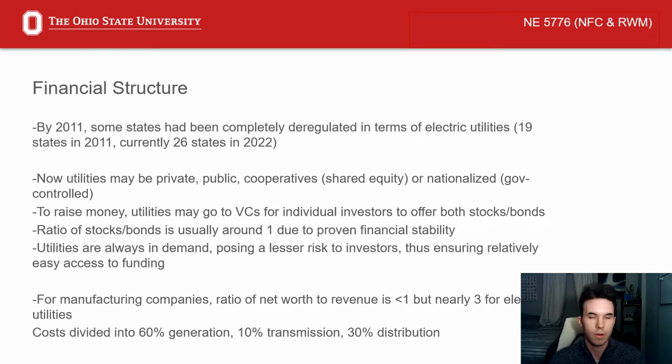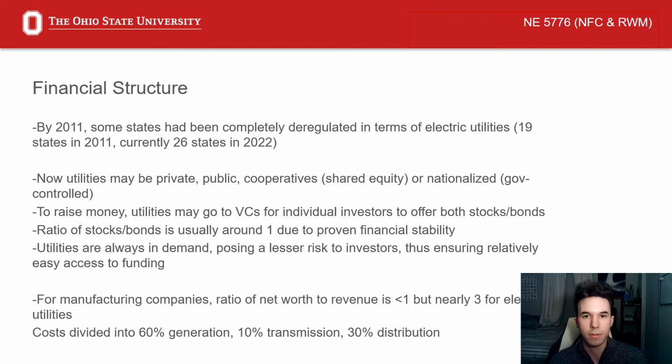It's sort of something that stands the test of recessions and poor economic dips, I guess. You have that constant stability, mostly constant stability. So stocks and bonds are offered at sort of that ratio as a result. This poses a lesser risk to investors.